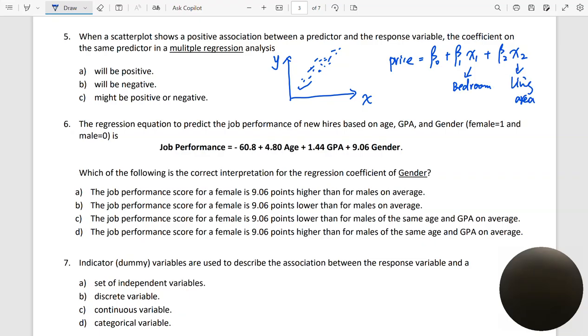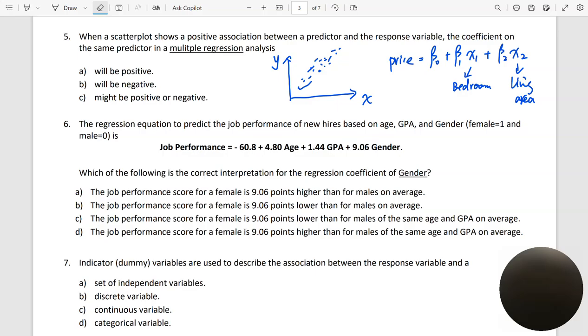Right, so in this case, if we only care about the number of bedrooms, then the number of bedrooms and the house price have a positive relationship, right? Generally, when a house has more bedrooms, the house price will increase. But the other way, now I add the living area into the regression.